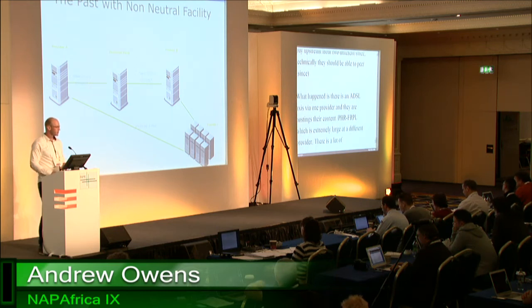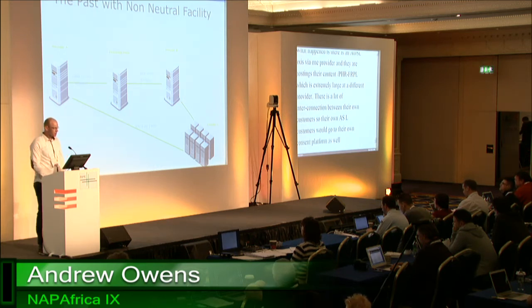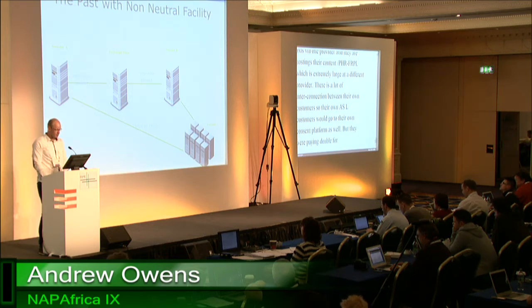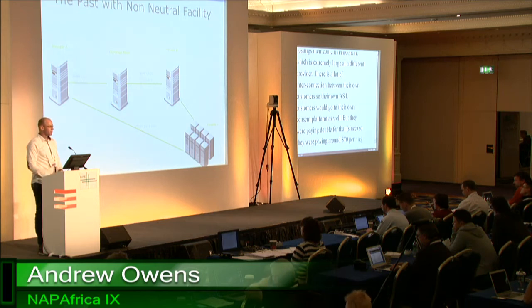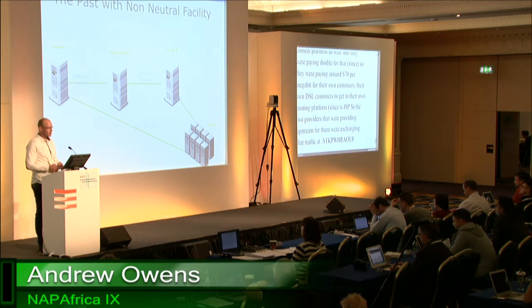So their own ADSL customers would go to their own content platforms as well, but they were paying double for that. They were paying around $70 per megabit for their own DSL customers to get to their own hosting platform. You can see the two providers providing upstream for them were exchanging that traffic at zero cost, getting the benefit and charging downwards for that.